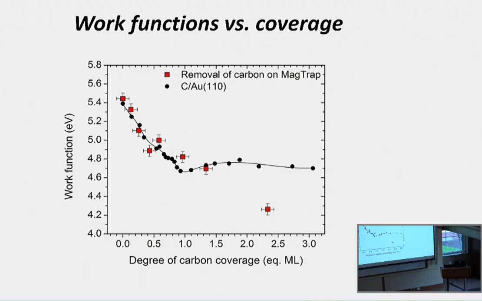And then the red ones are those data I showed you earlier where I was removing carbon from an ion trap. And this point right here is where it started. And you see it's quite different than just carbon on gold. But as soon as I hit it once, it just starts to look like carbon on gold. So it's like if you sputter it, you modify the layer to make it look just like carbon.